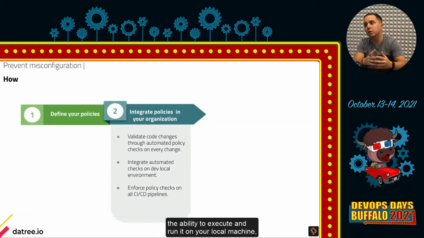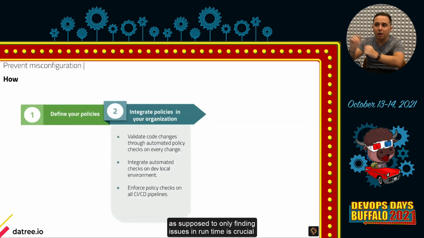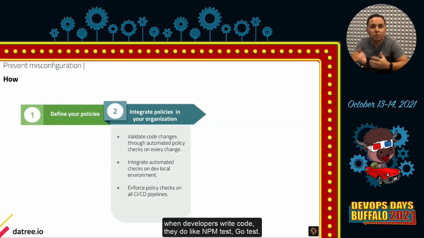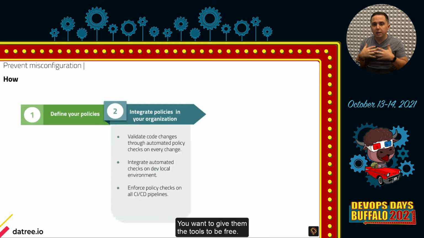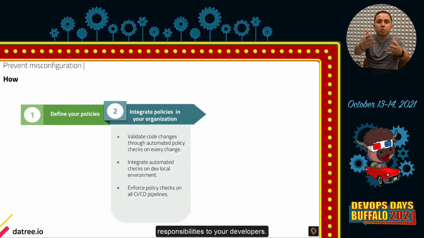The ability to execute and run it on your local machine, as opposed to only finding issues in runtime, is crucial, because when developers write code, they do npm test, go test. The same thing applies here. You want to test your infrastructure, you want to test your Terraform, you want to give them the tools to be free, so you can delegate the infrastructure as code responsibilities to your developers.